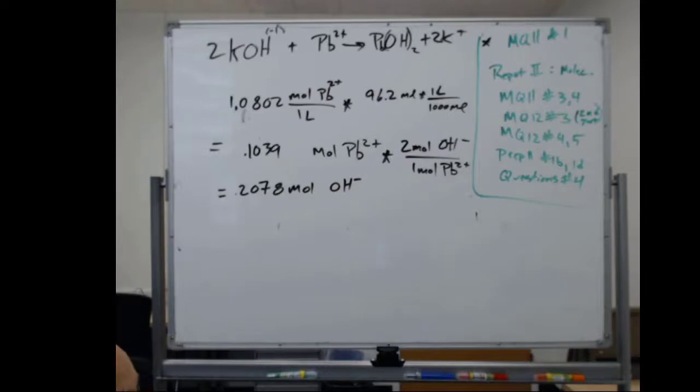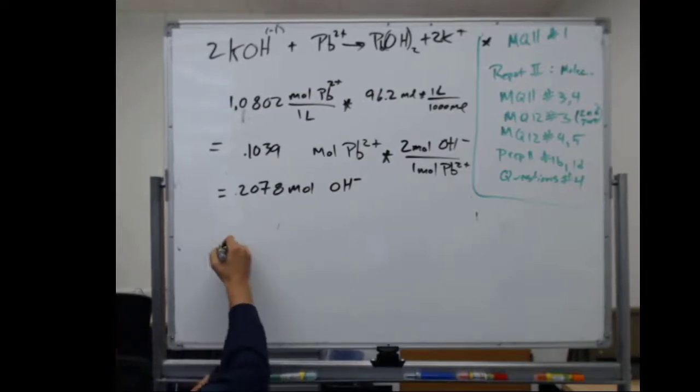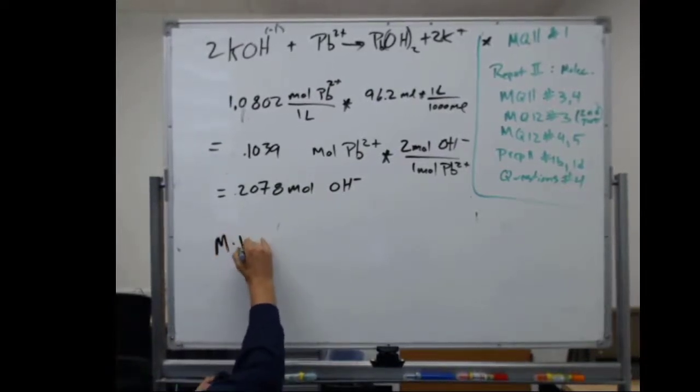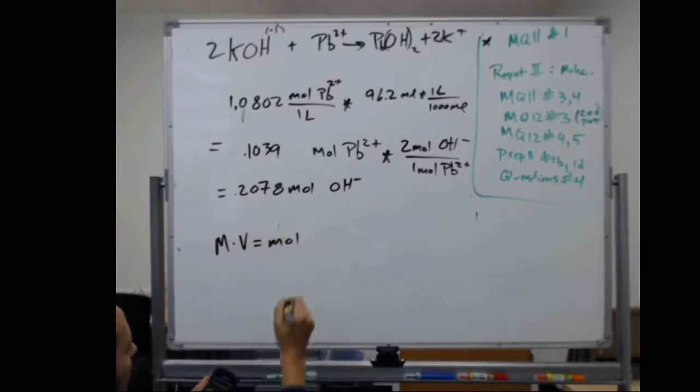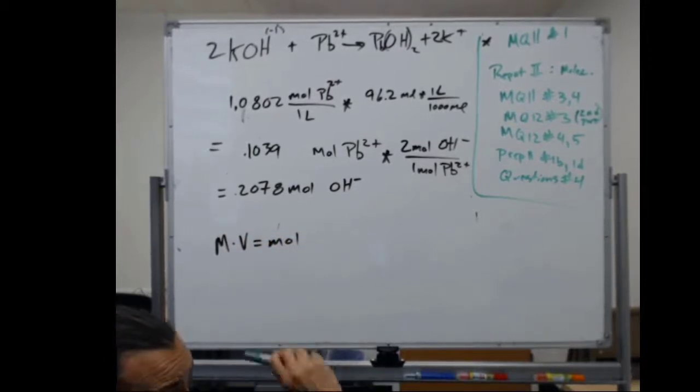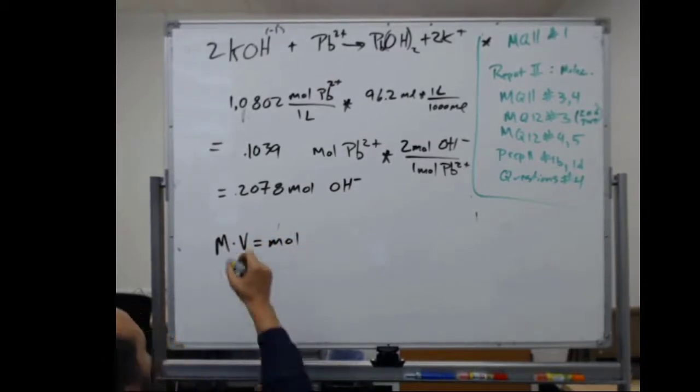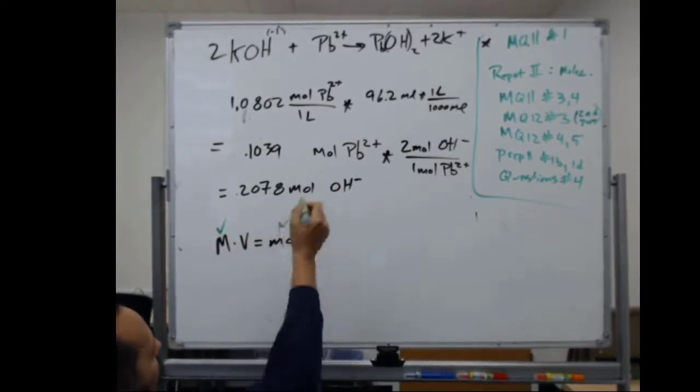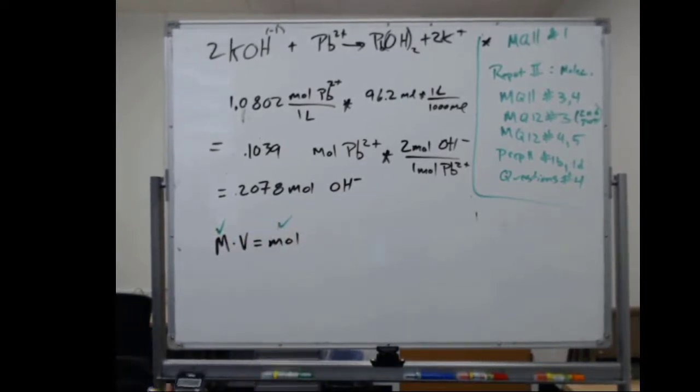And then I want to get to a volume, and we know that molarity times volume equals moles. And from the problem already, we are given the molarity of hydroxide, we have the moles of hydroxide, we should be able to calculate the volume. We're going to take that moles, we're going to divide by the molarity, 0.1616.